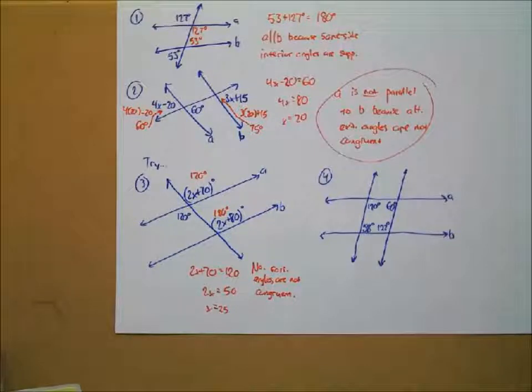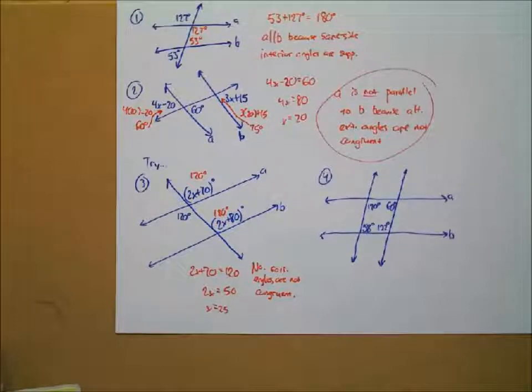Because if the lines were parallel, then the two equations for the corresponding angles would be the same. Right. Is it possible for 2 times a number plus 70 to be the exact same value as 2 times that same number plus 80? It's impossible, right? So you can look at that one without even calculating to see, no way.